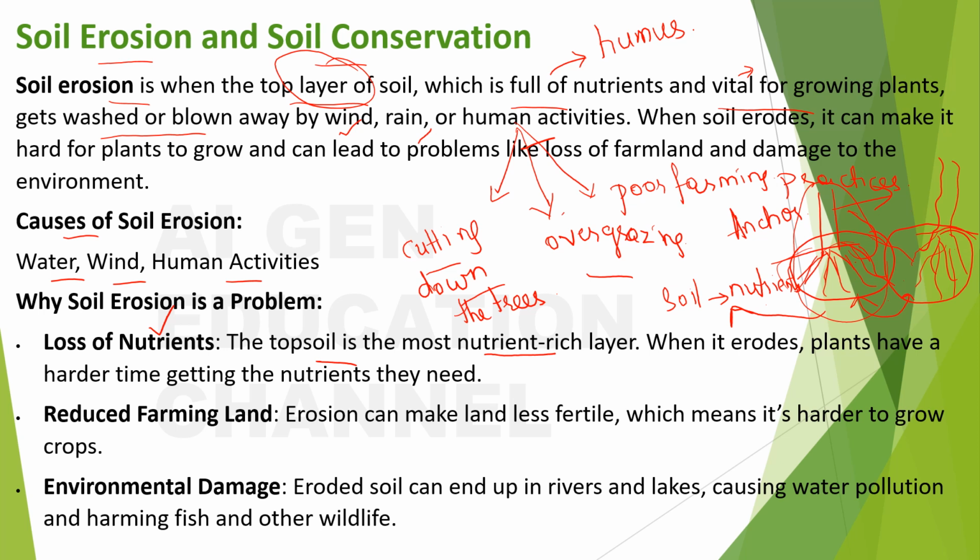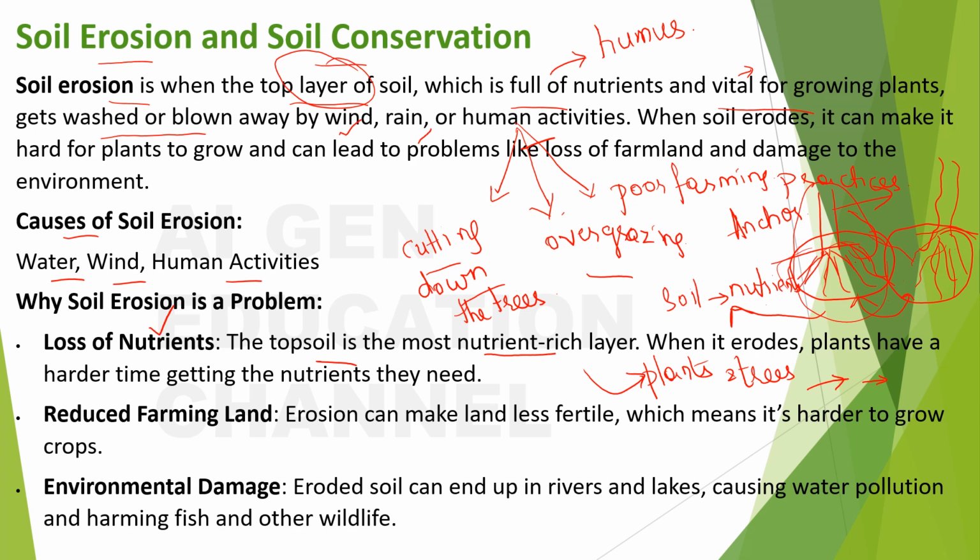So when this is gone, when this is getting blown away, then there will be loss of nutrients, and because of that the plants and trees will suffer. That's a repeated thing, like this will contribute to that and that will contribute to that. When soil erosion starts, its effects build up.